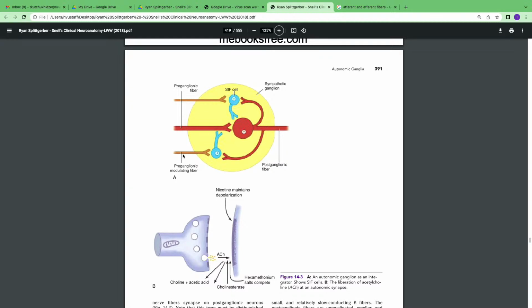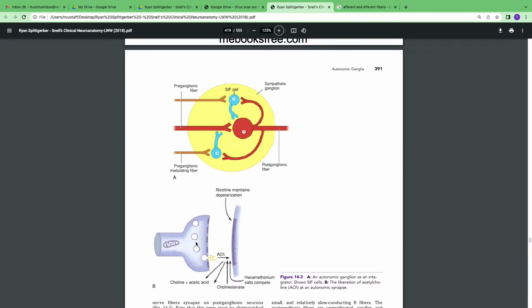Also, we have preganglionic modulating fibers, and they are also merging with our postganglionic fibers with the SIF cells, for example, meaning that these SIF cells can be multiple, and that's how we merge with the different postganglionic fibers. Here, as I mentioned, acetylcholine is one of the main neurotransmitters in the sympathetic nervous system, and this is how the synapse happens.